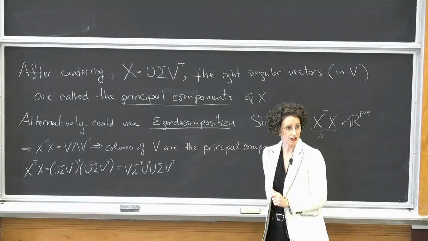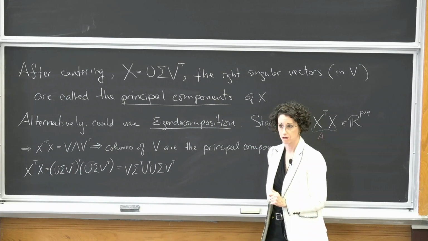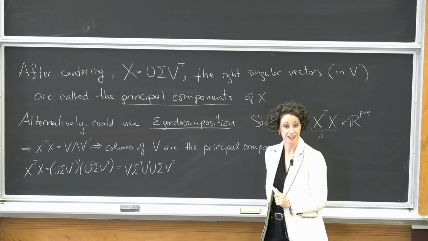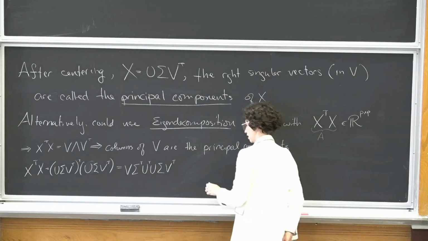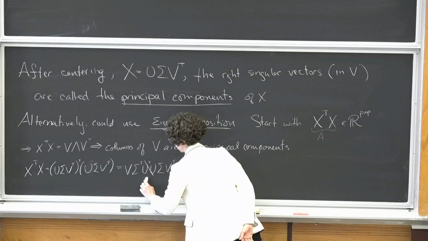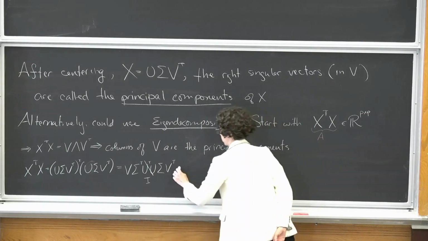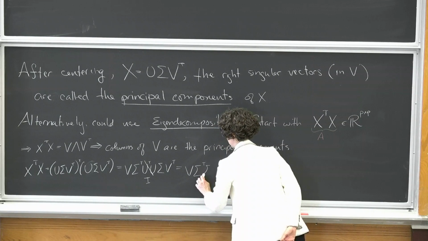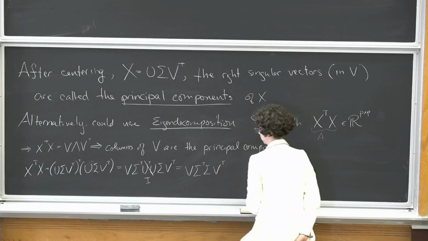How can I simplify this? Exactly right. U transpose U is just the identity matrix. And so what I'm going to have here is V sigma transpose sigma times V transpose.